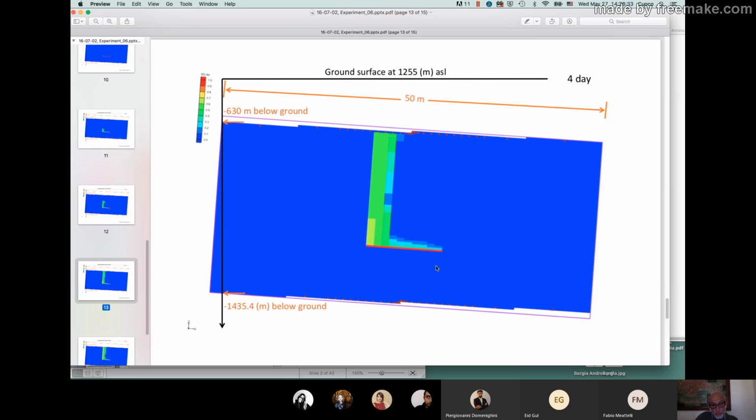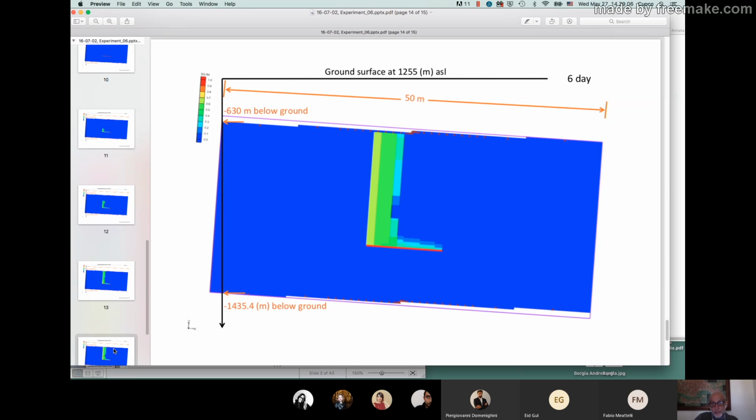Now, after 4 days of injection, you have your fault plane that has, in the lower part, reached about 70% CO2 saturation, and about 50% all the way to the surface. Of course, the various kinds of rocks have different permeabilities, so there is a different speed at which the plume propagates upward.